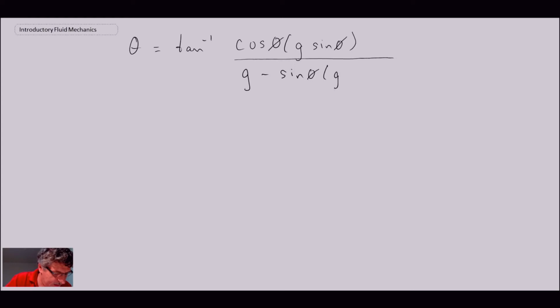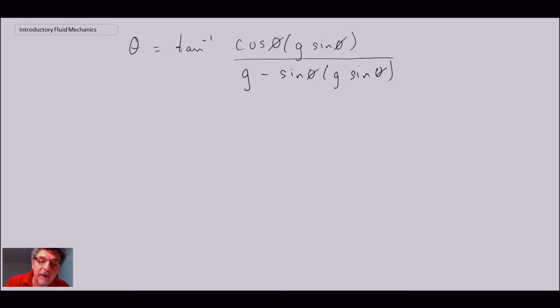So plugging in the values, we have theta is equal to inverse tan, and in the numerator we have cos phi multiplied by g sine phi, and then in the denominator we have g minus sine phi times g sine phi.